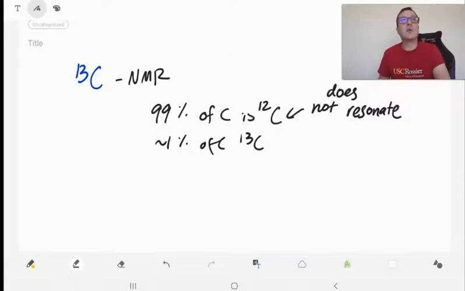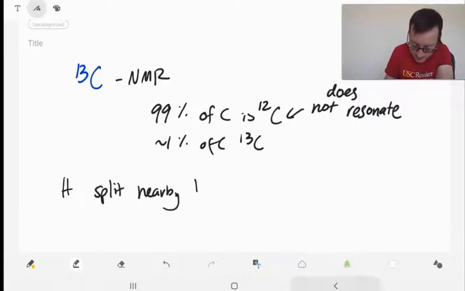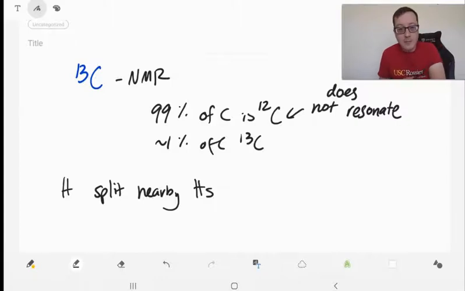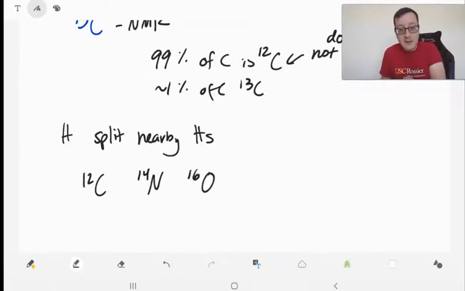And what's nice about this is that we know that protons split nearby protons, right? And we don't see carbons splitting hydrogens, we don't see nitrogens, we don't see oxygens, because most of these, carbon, nitrogen, and oxygen, have even mass numbers, so they are not NMR active.